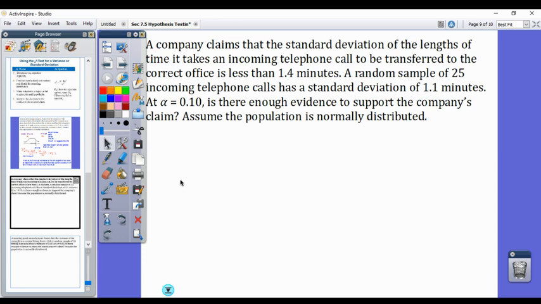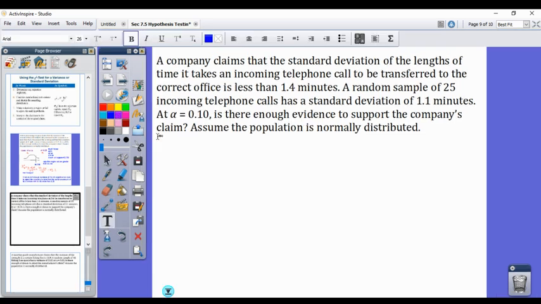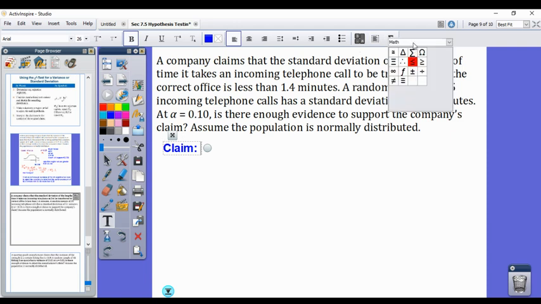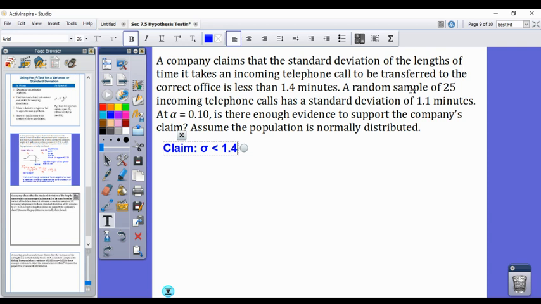Okay, fantastic. So let's go with our claim. Our claim is what? That it is transferred to the correct office in less than 1.4 minutes. Okay, so it is less than 1.4.